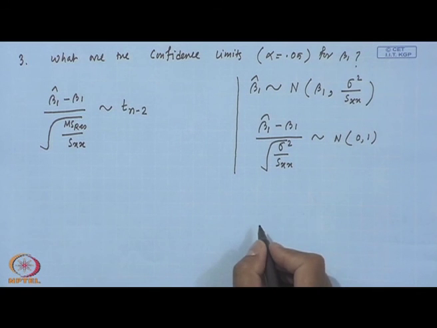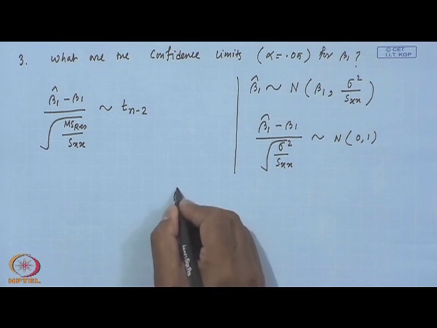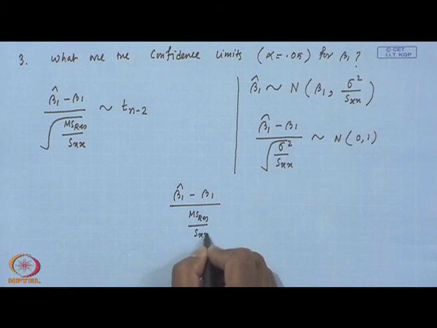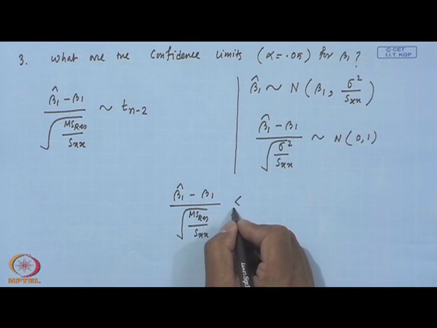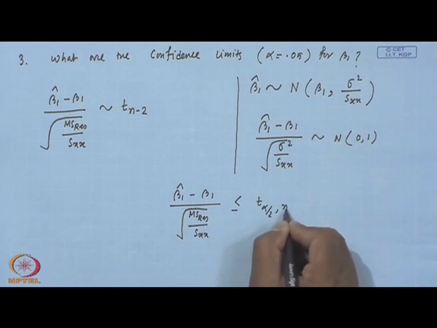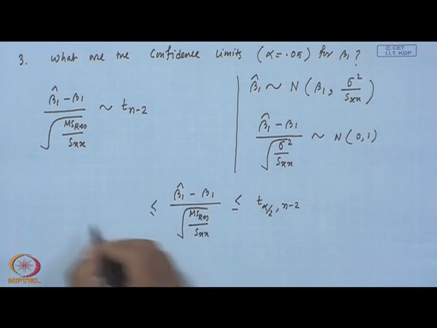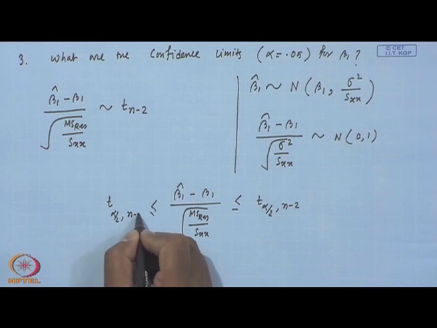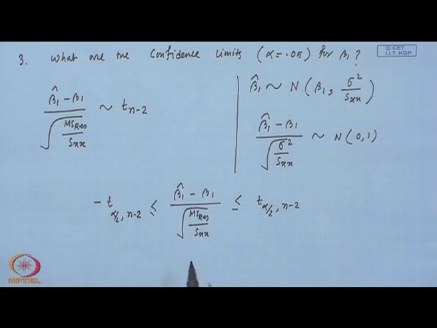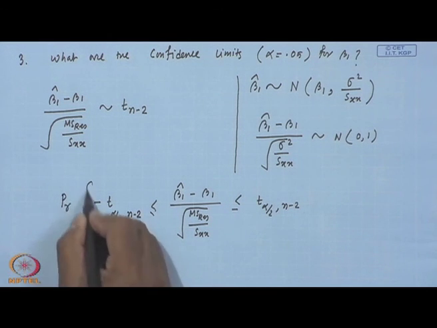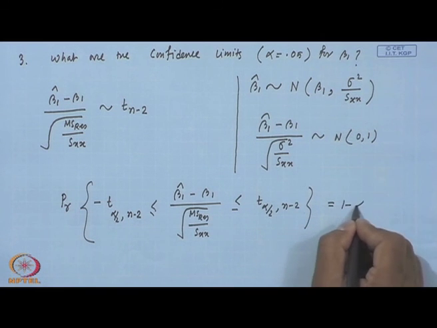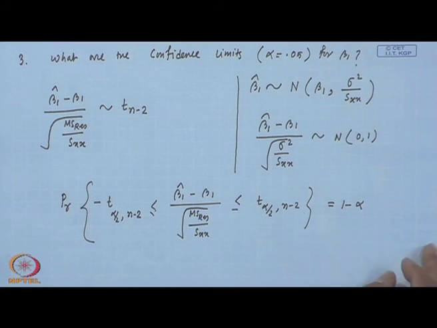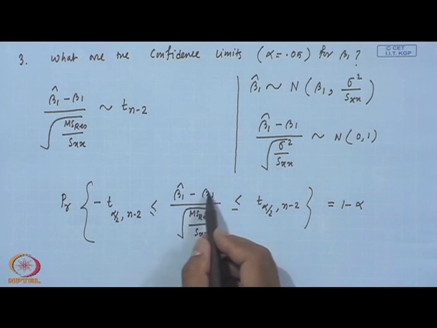And from here I can say that beta 1 hat minus beta 1 by the square root of MS residual by S_xx is less than or equal to t alpha by 2, n minus 2 degrees of freedom, and greater than minus t alpha by 2, n minus 2, and this has probability 1 minus alpha, that is 0.95, and from here we get the 95% confidence limit for beta 1.